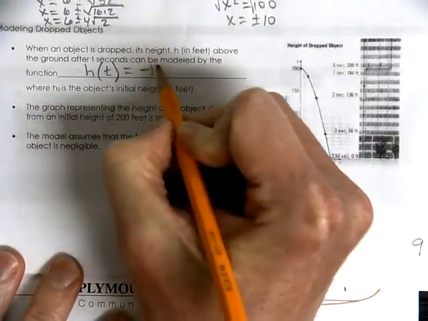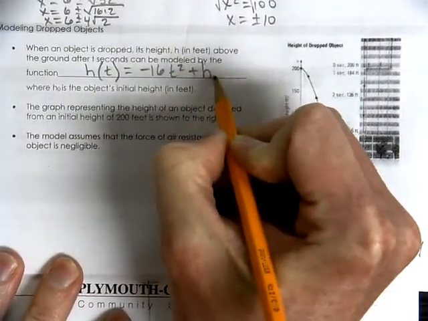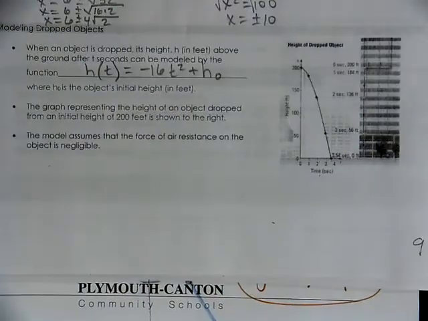It's going to be negative 16 t squared, and we're translated up the height of your original amount, the original height, h of o. The negative 16 is the gravity aspect of what's going on. That won't change. That's part of the formula. The part that's going to change is your h of o, the original height that you're dropping the object from.